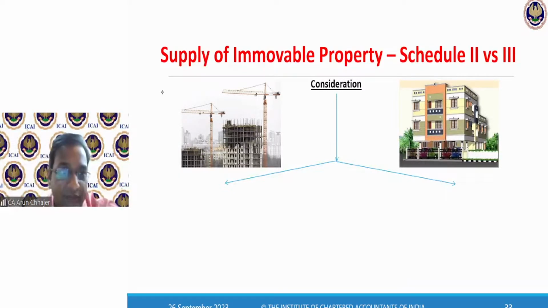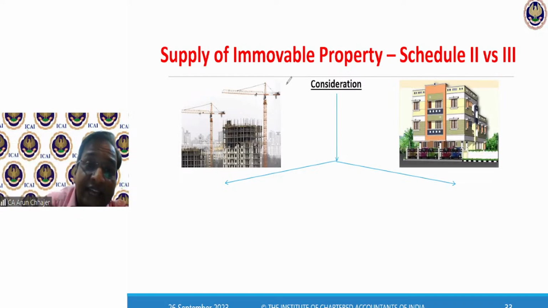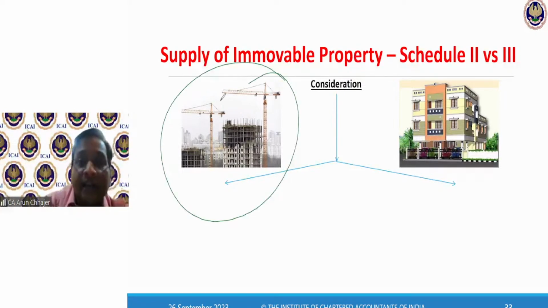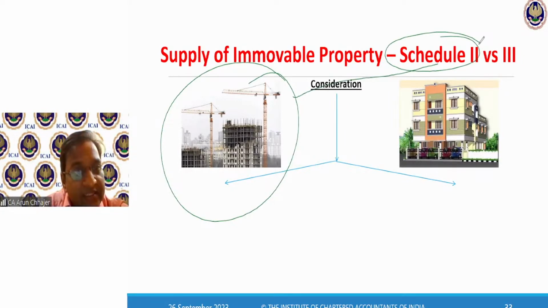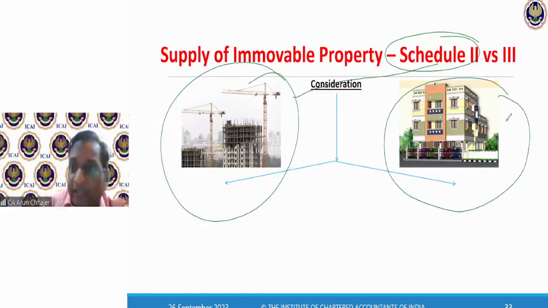Answer is consideration. Let's say I'm doing the business of real estate. I am selling one flat to you. This scenario is covered in Schedule 2 and taxable in GST as a service. This scenario is covered in Schedule 3 and out of GST.